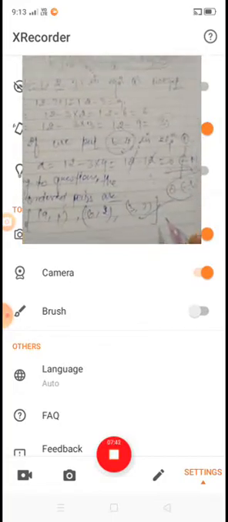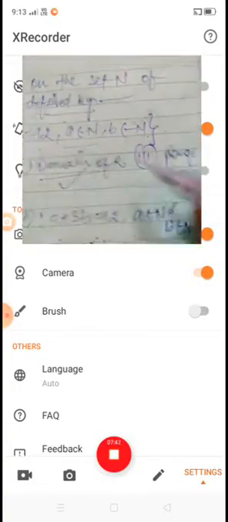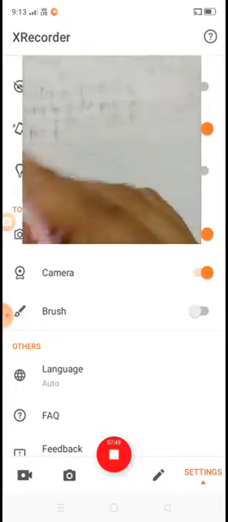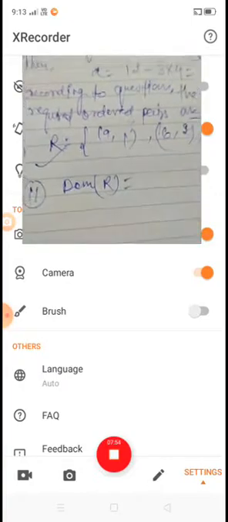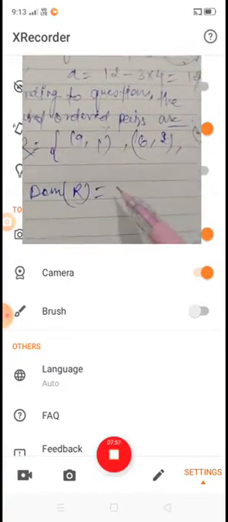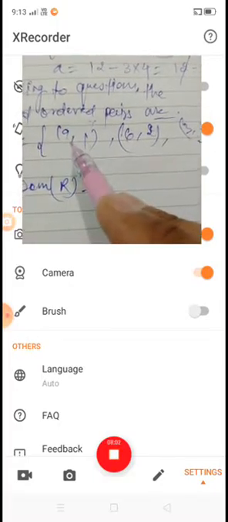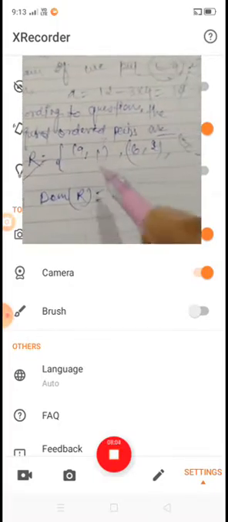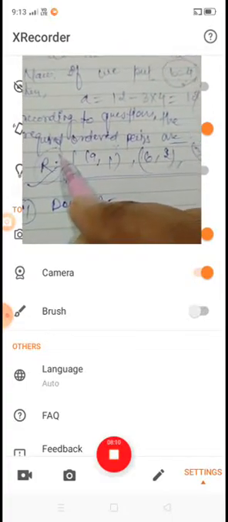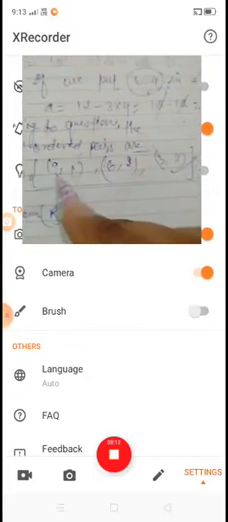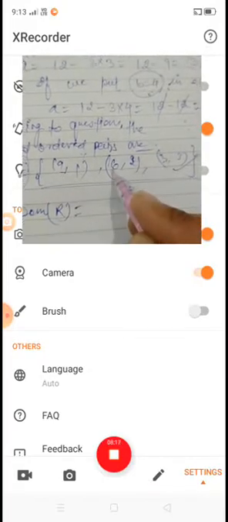Now our second question is to find the domain of R and the range of R. You know that the domain of R is the set of all first components or coordinates of each ordered pair belonging to R. So clearly the first components of the ordered pairs are 9, 6 and 3.